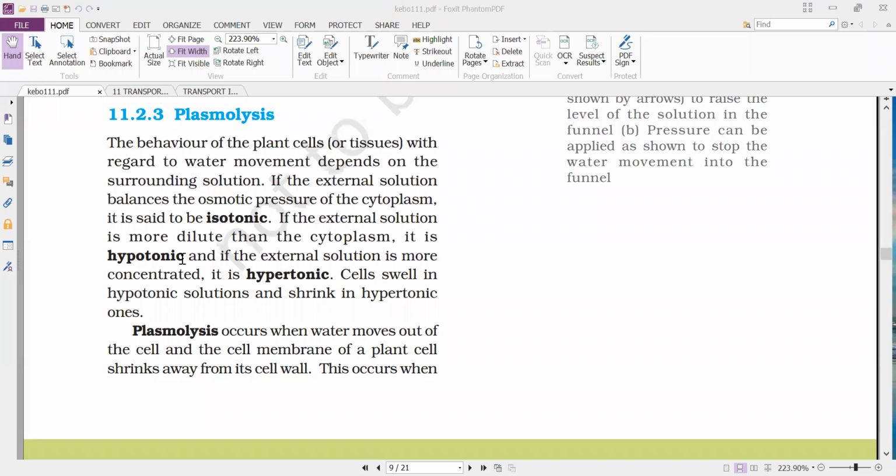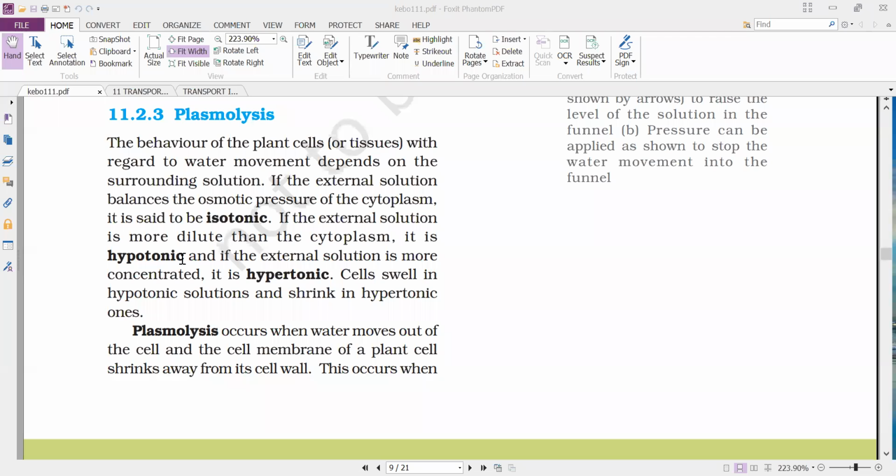What happens when you place a cell in a hypotonic solution? That means the external solution has a lower concentration than the cytoplasm of the cell, so water enters into the cell, because the external environment has higher water potential.